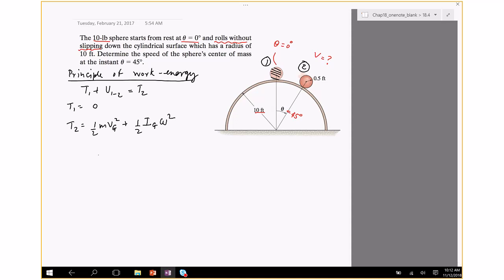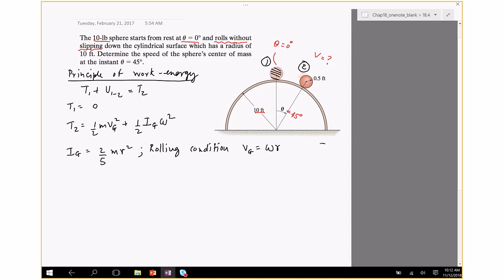Okay, in this case, you'll be given IG, no need to memorize. IG for a sphere is 2/5 mr squared, and the rolling condition is the velocity of the center of mass is omega times r.